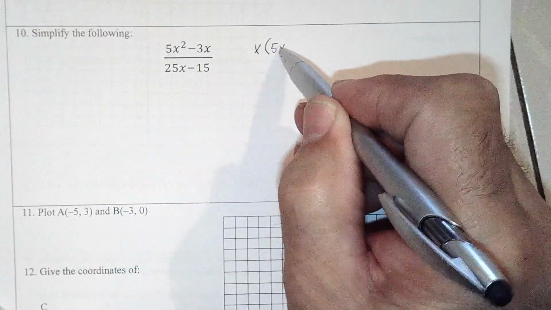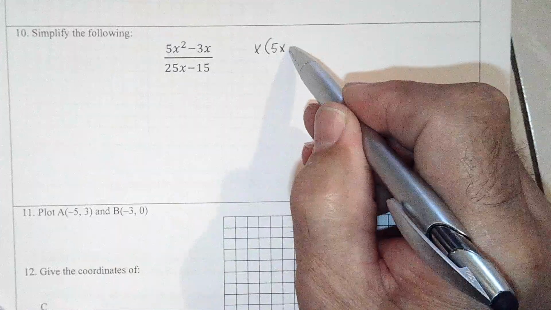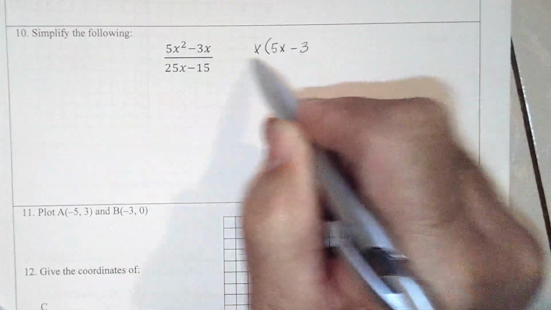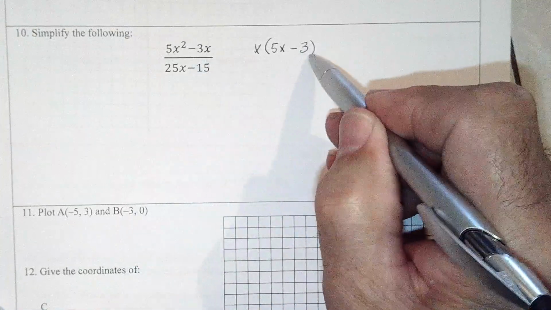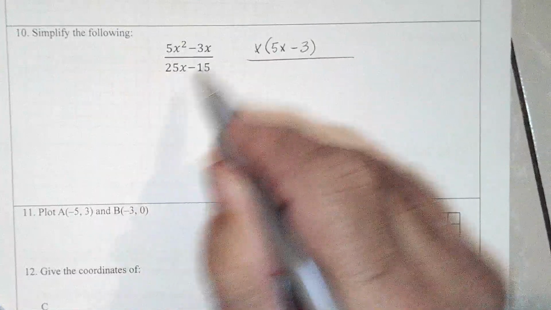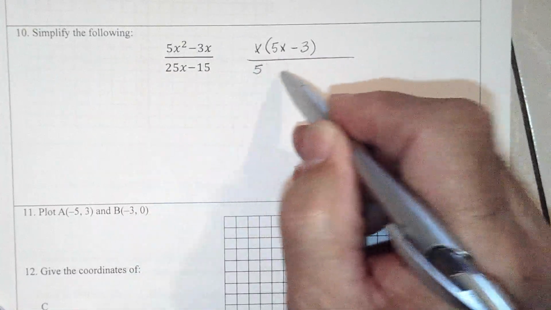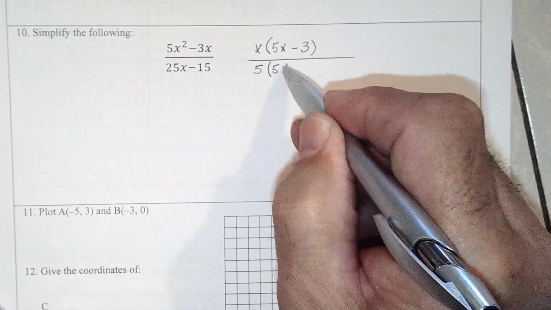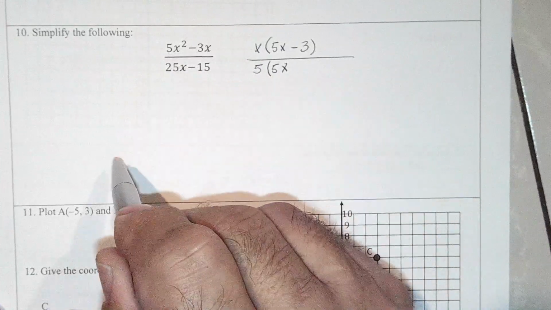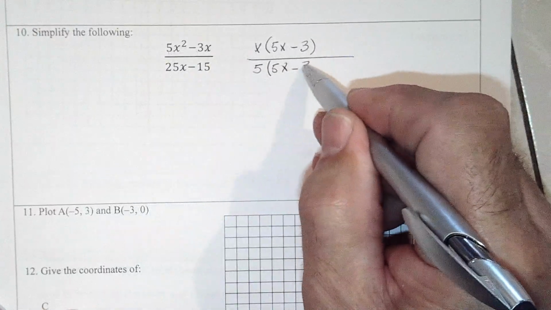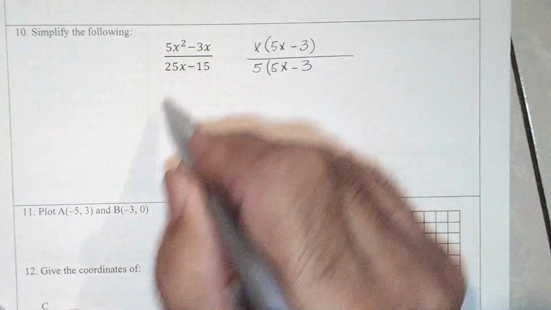X times that would make 5x squared, minus an x times negative 3 will make negative 3x. Is there anything in common here? It looks like there's a 5 in both of those. So 5 times 5x would make 25x, and 5 times a negative 3 would make negative 15.